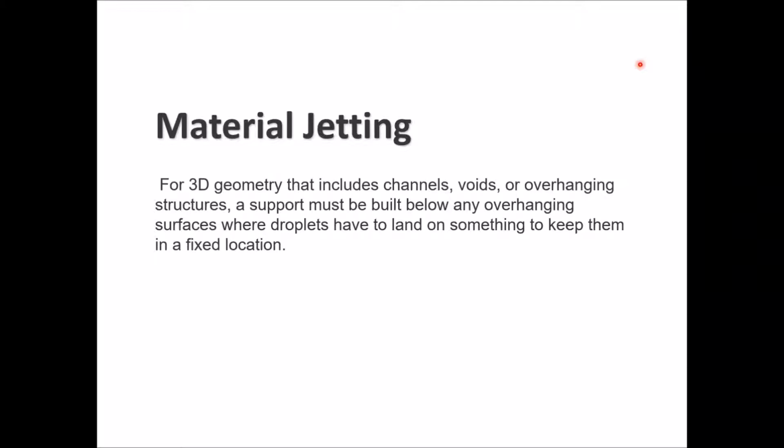For a 3D geometry that includes voids or overhanging structures, in this case you need to create a support so that this support will be able to hold these overhanging surfaces, so that when the droplets of material, let's say wax, come into the desired point in space, when you're building a new layer of material above the older one, you want to make sure this layer is well supported so that you will not have any kind of defects in your printing process.